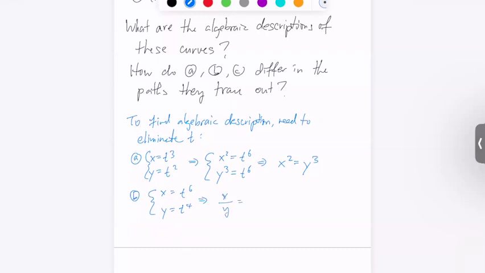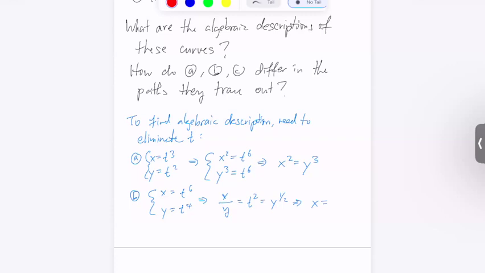x over y has a ratio of t squared. But what's t squared? Well, t squared is the square root of t to the 4th, so that's the square root of y, so that's y to the 1/2. So that gets you x over y is equal to y to the 1/2.